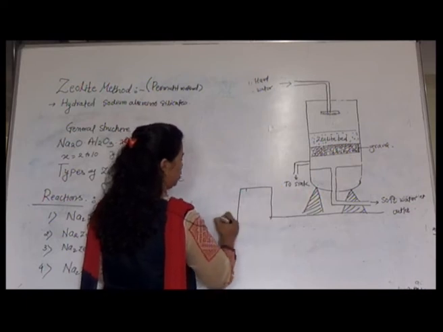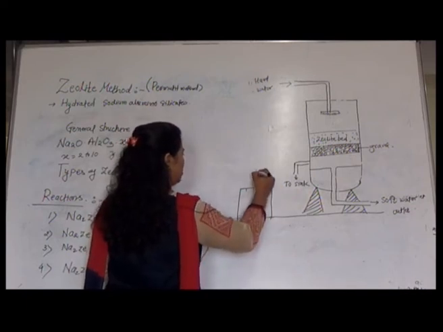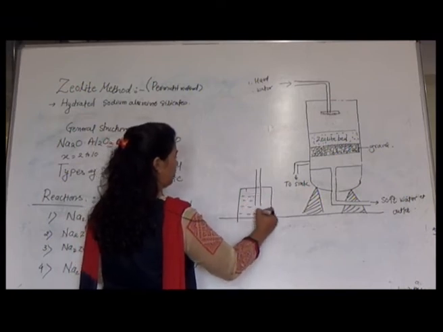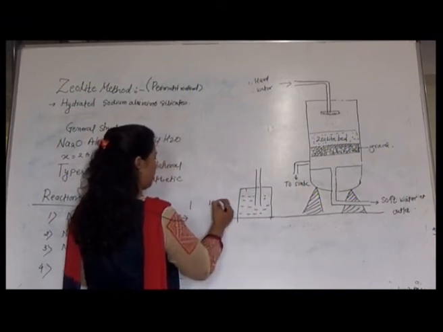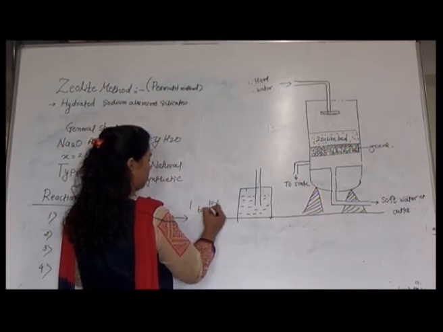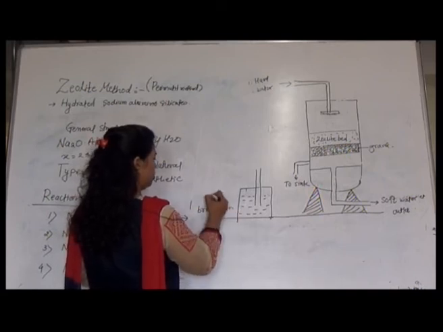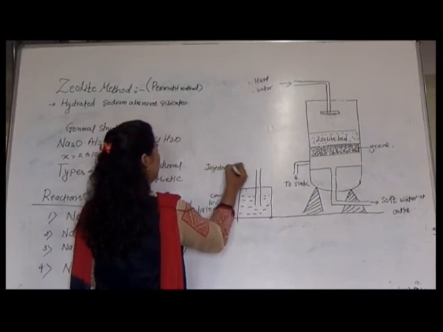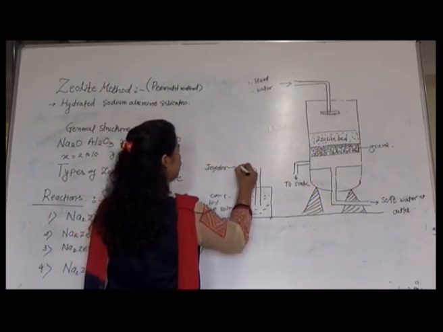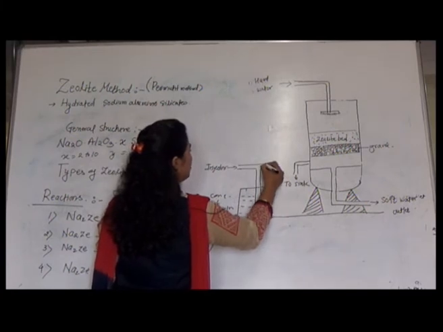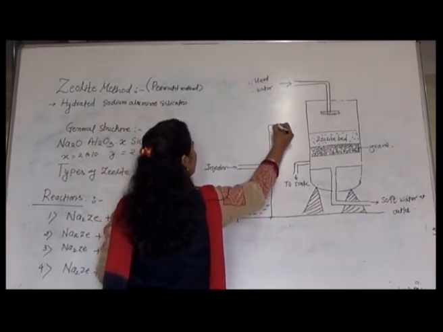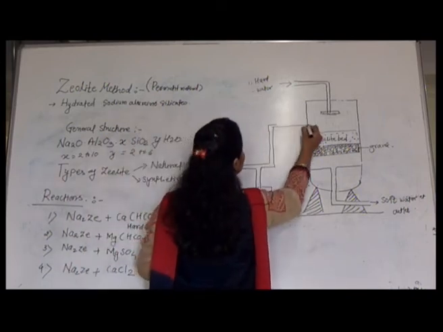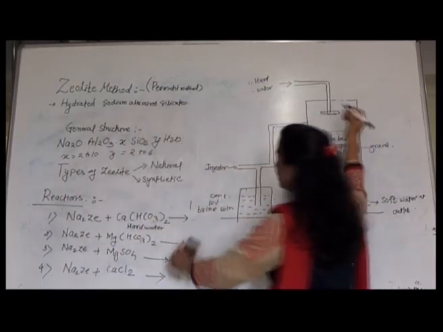So here is the storage tank for 10% brine solution. Here the injector to inject, and this brine solution passes through this inlet into the zeolite softener.